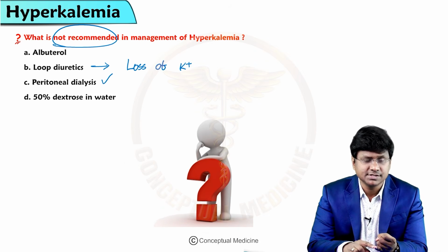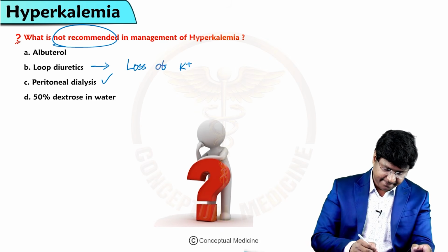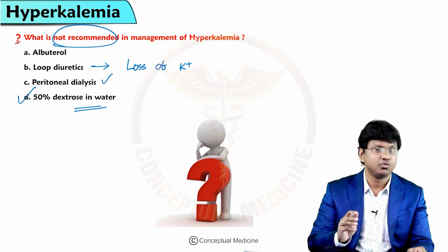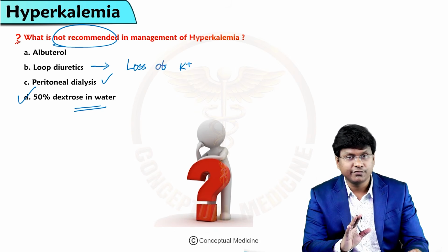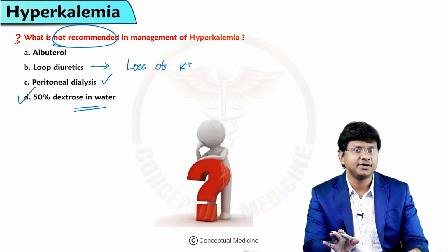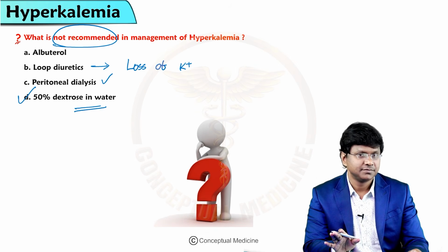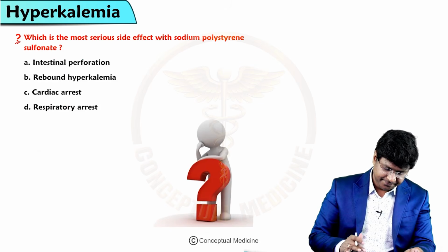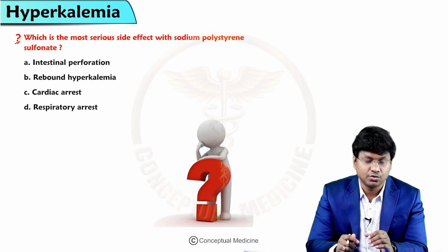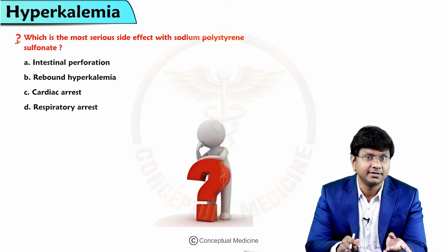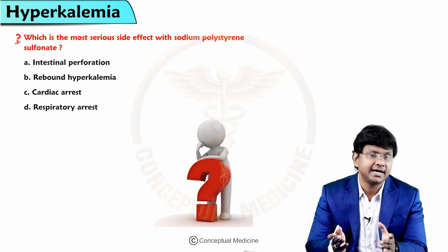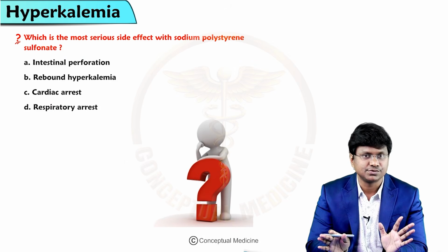Either by hemodialysis or peritoneal dialysis, you can remove the potassium. But 50% dextrose in water is of no use in the treatment of hyperkalemia. The role of dextrose is that when you are giving insulin, we give dextrose to prevent hypoglycemia.